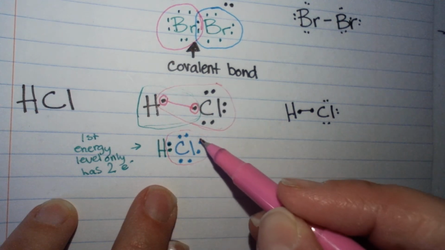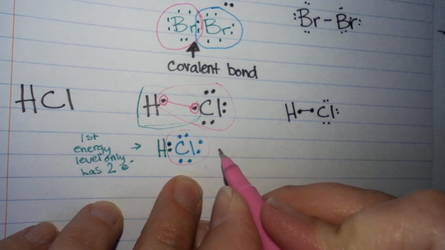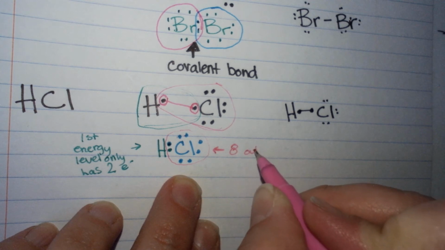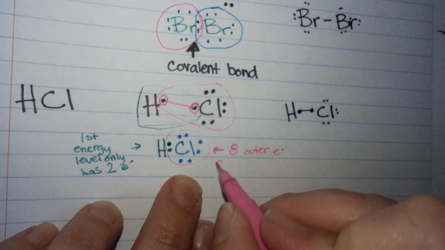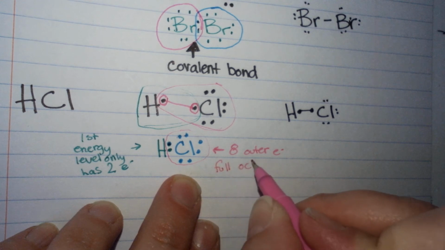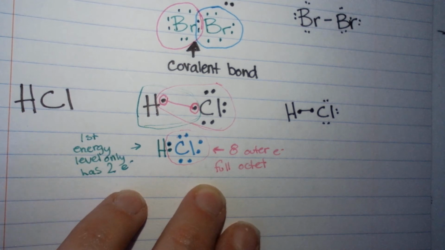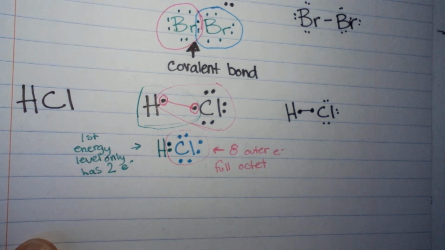One, two, three, four, five, six, seven, 8. So chlorine has 8 outer electrons. Full octet, that's the word we use.